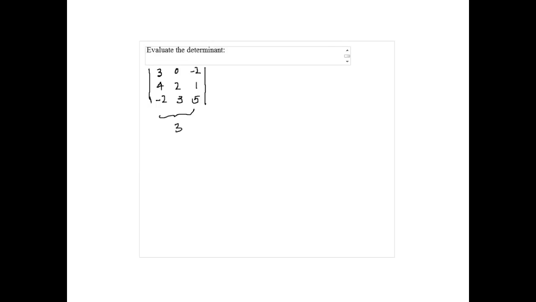Evaluate the determinant. Notice that we have a 3 by 3 determinant matrix. So first, we multiply 3, which is the top entry, by the determinant 2, 1, 3, 5, which is right here.